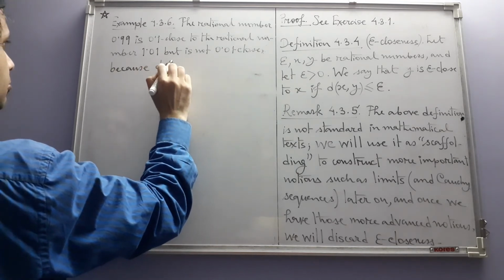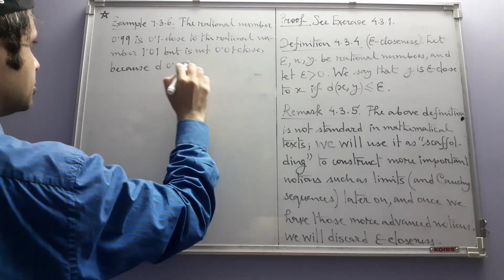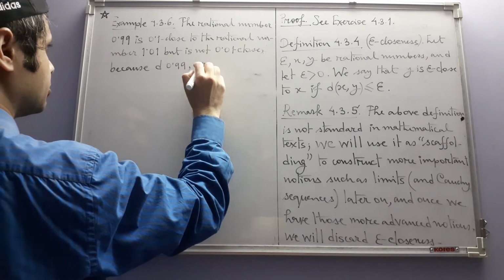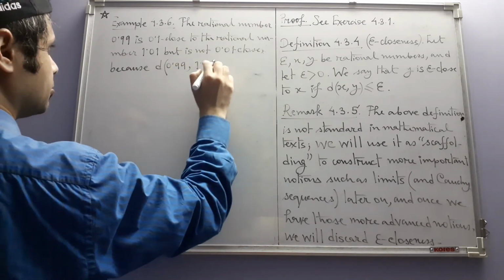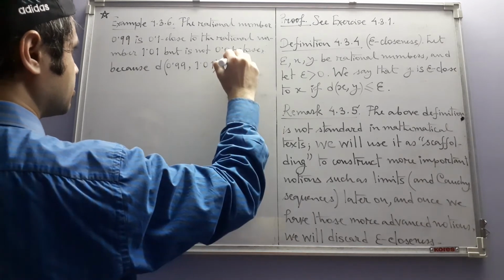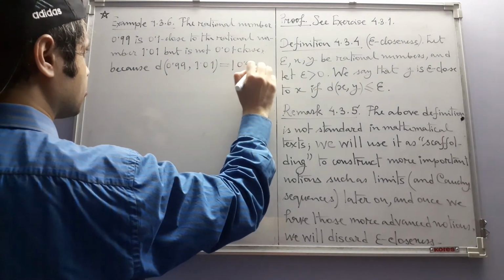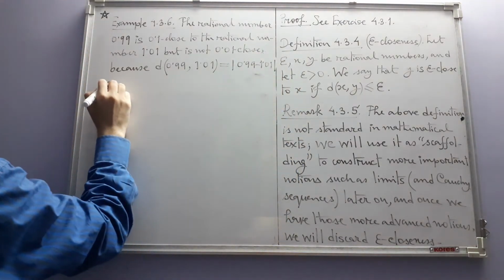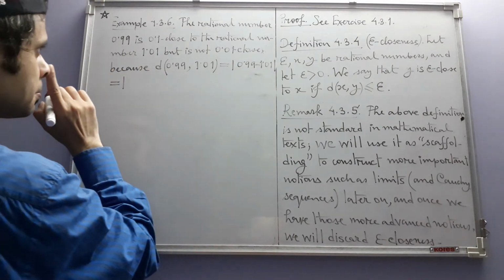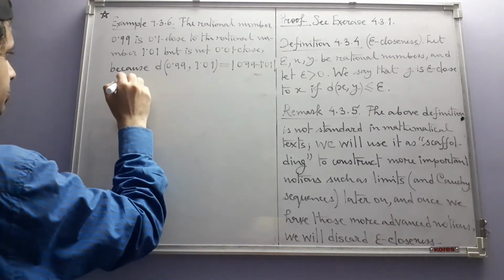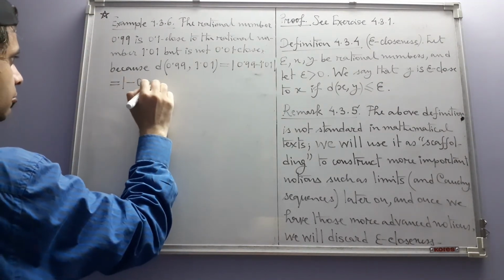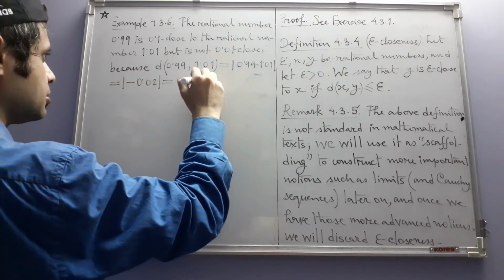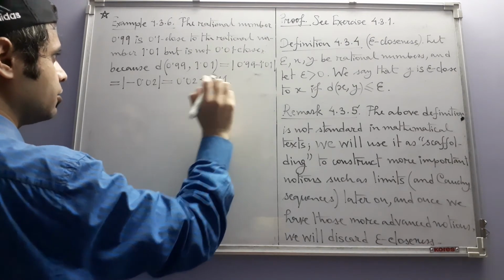Because the distance between 0.99 and 1.01 is 0.02, so this is clearly less than 0.1.